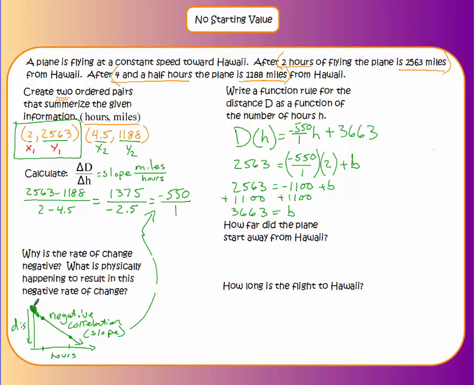Not at 0, it's going to be way up high, and we're going to approach a distance of 0. When we land, we are 0 miles from Hawaii. When we start, we are as far away from Hawaii as possible. So how far did the plane start away from Hawaii? Boom. It must be that. That's the starting point. We started 3,663 miles from Hawaii.